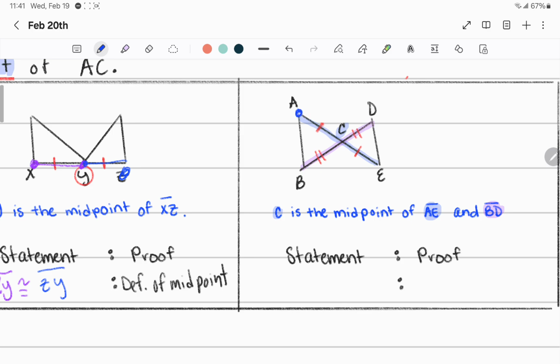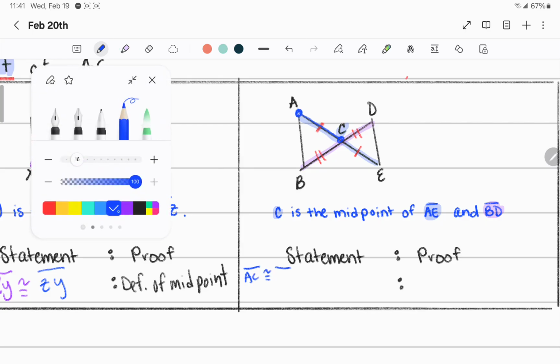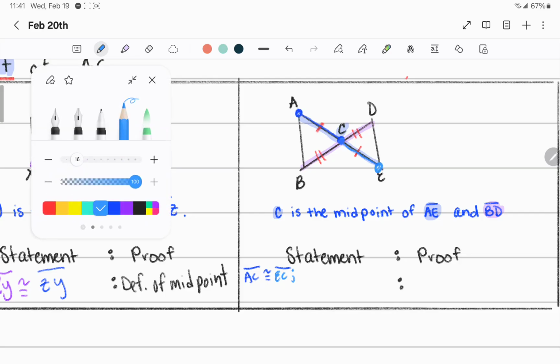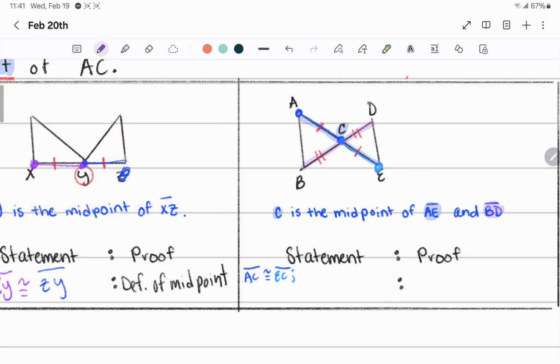So from A to C is congruent to E to C, comma. And then we're going to do the purple side.